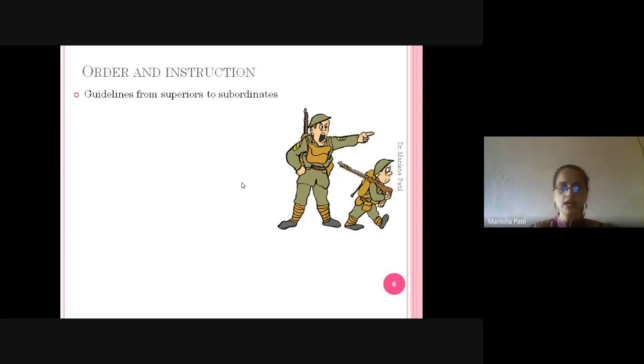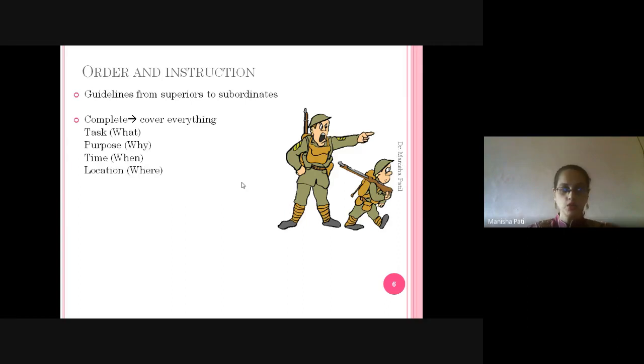What should be done and what should not be done. Now, order should be complete. It means it should cover everything. Task, that is what to do. Purpose, why to do. Time, when to do. Location, where to do. Agent, who should do. And manner, how should do.